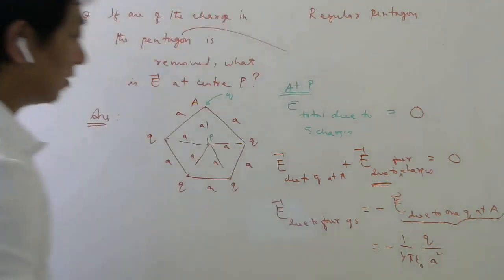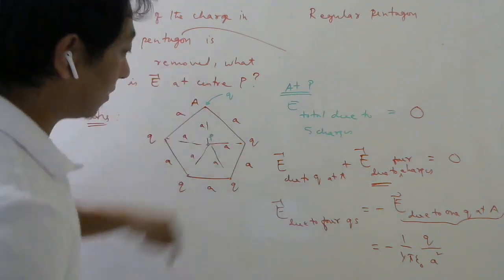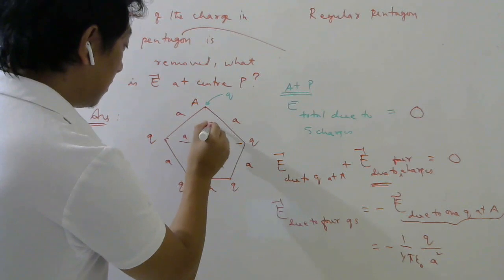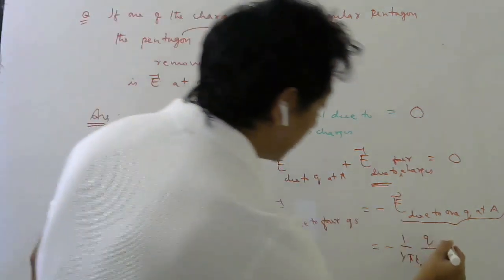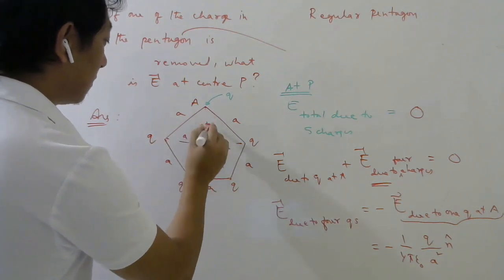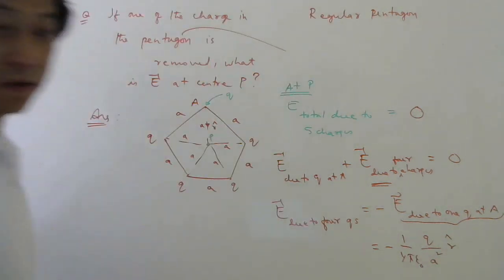And since it is in vector form, what kind of charge is here? Positive, so the field will be this way. If I write the direction as n cap, then this will be n cap. Or you can write r cap, whatever cap. Okay, r cap. Understood?